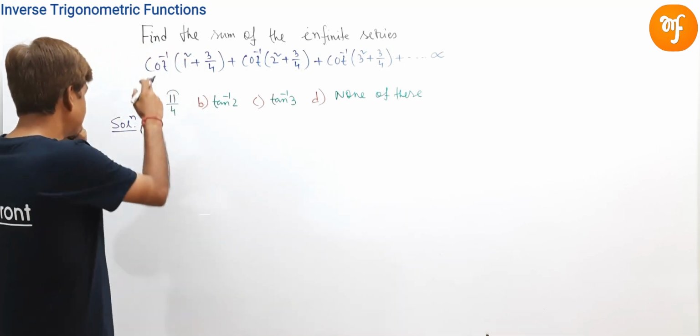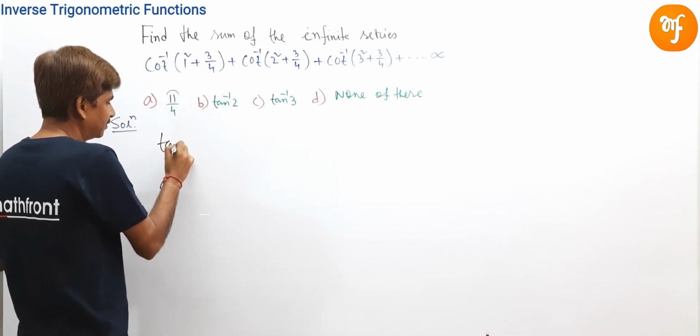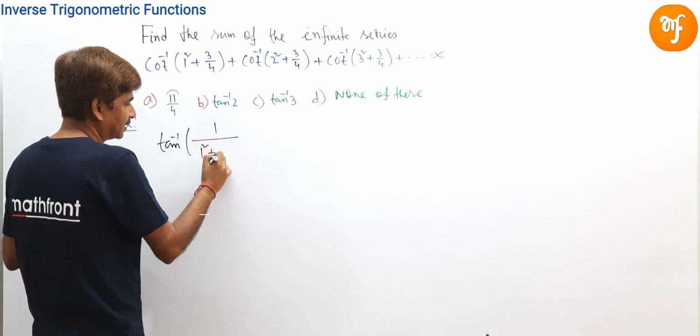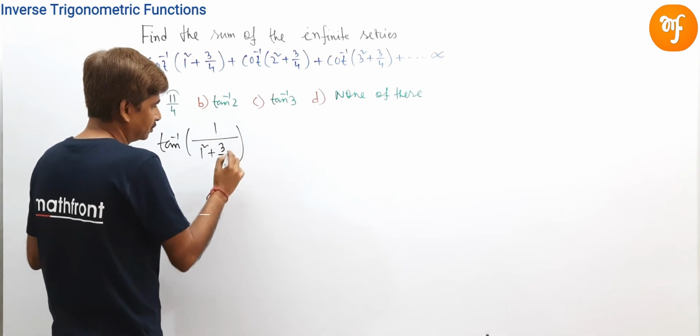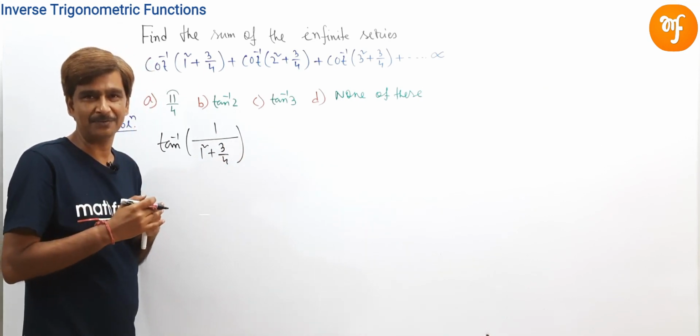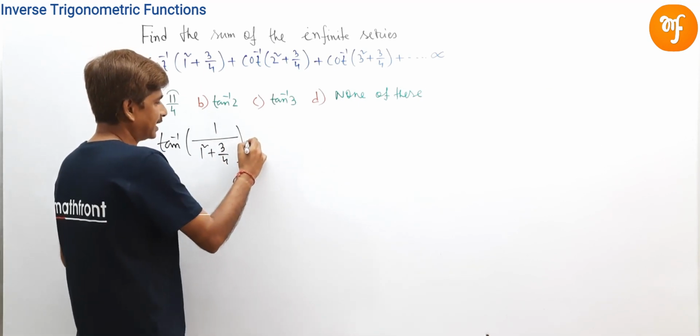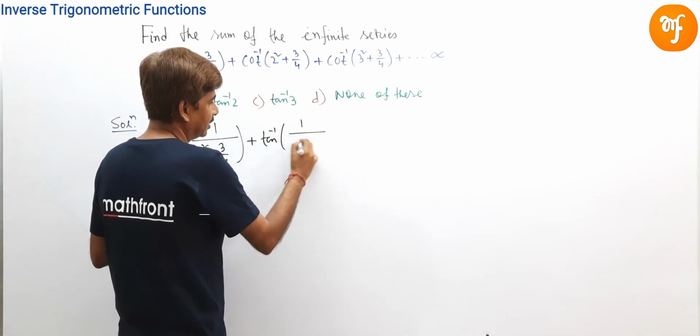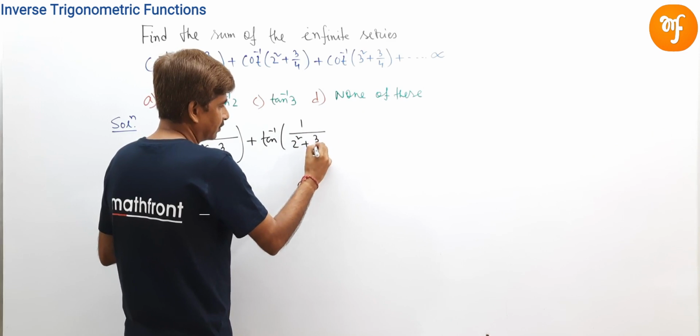The first term can be written as tan inverse of 1 divided by 1 square plus 3 by 4, as we know cot inverse of x is tan inverse of 1 by x. The second term can be written as tan inverse of 1 divided by 2 square plus 3 by 4.